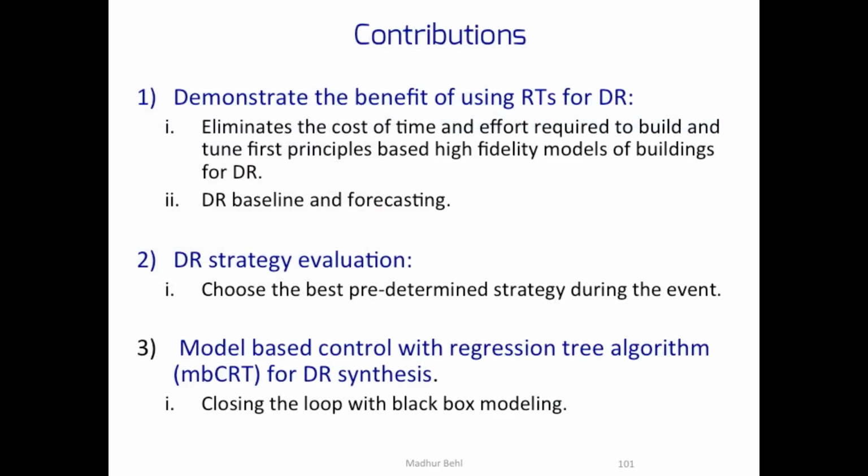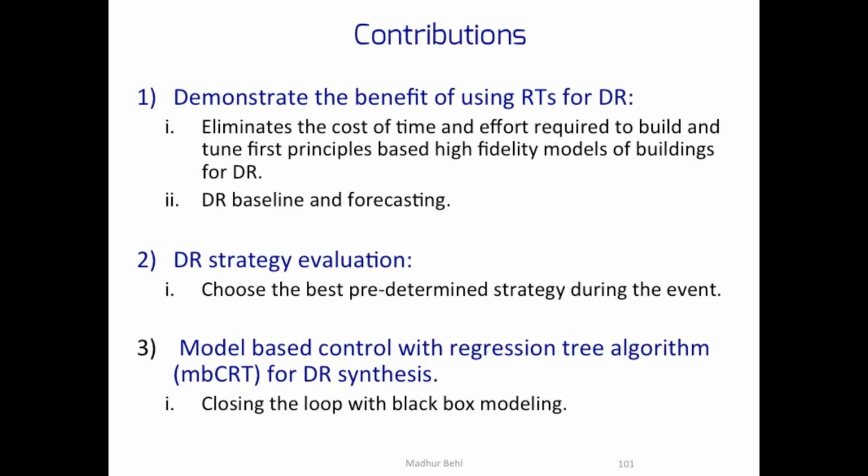So the contributions for this second problem were that we have demonstrated the benefit of using regression trees for building modeling and applications to demand response, eliminating the last mile challenge of how to figure out how you curtail, and also getting away with some of the cost and time efforts required to build these models.